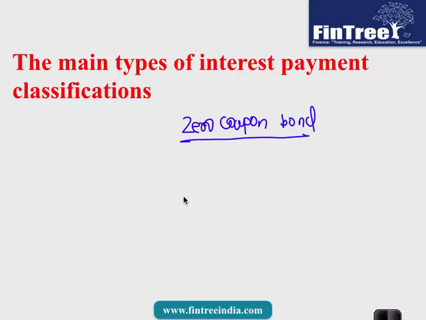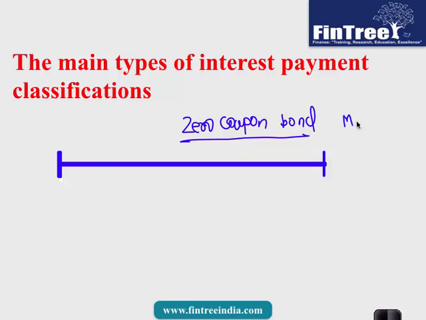So we are going to do some relatively easier calculations. Let us say we have a zero coupon bond with maturity of 4 years. Continuing with the previous example, the issue price is 600, and face value is 1000.